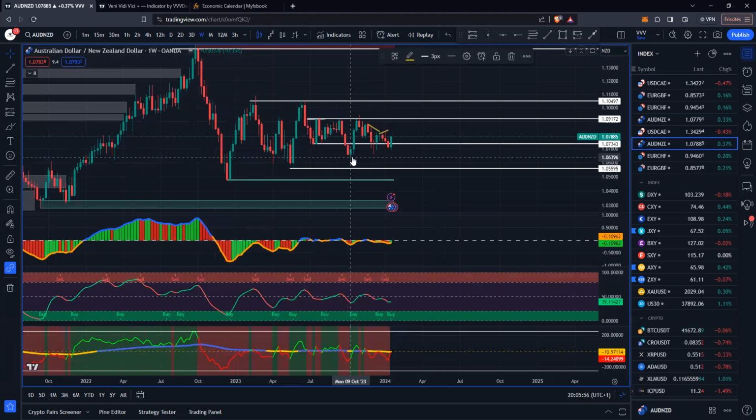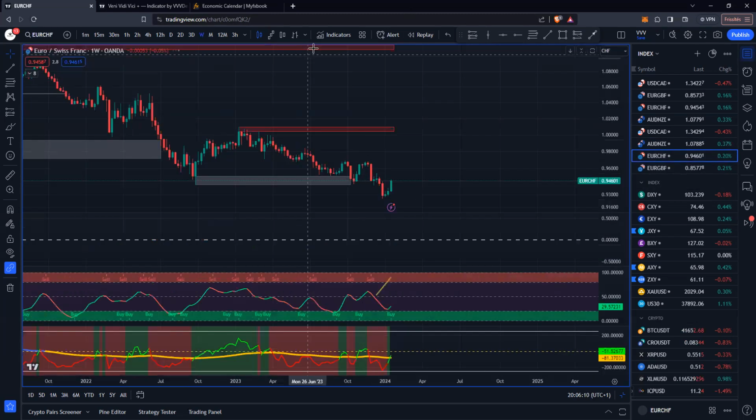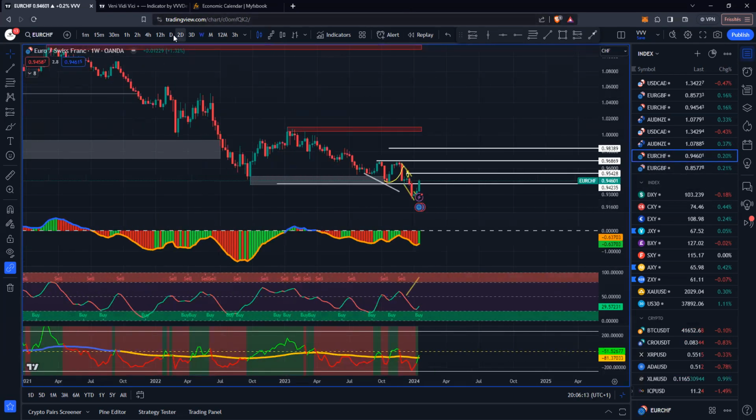It depends on which pair is dominating. If the NZD is dominating, then you should trade on the AUD, and otherwise, if the AUD is stronger, you should trade on the NZD USD. But for me, it's just a mess.